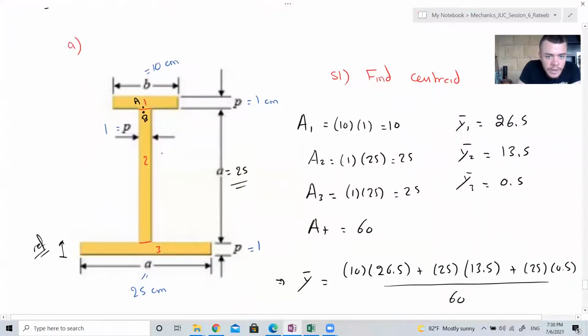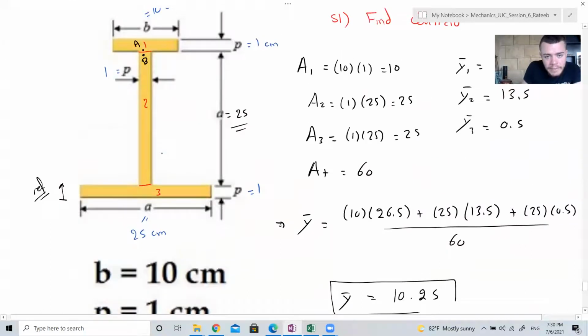The neutral axis وين طلعت معنا؟ على 10.25 هون تقريبا. This is the neutral axis. This is y bar equals 10.25 and this is point C.